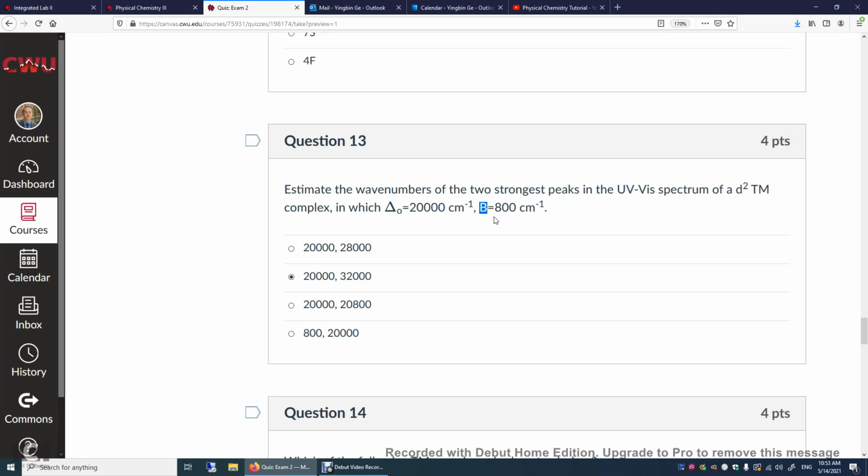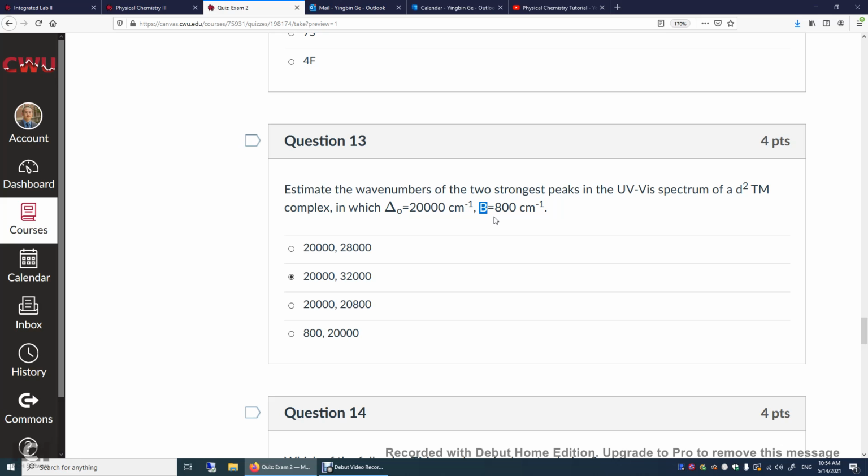All right. So, for example, dxy and dx squared minus y squared are in the same plane. So the repulsion between the dx squared minus y squared electron and the dxy electron is stronger than the repulsion between the dz squared electron and the dxy electron.